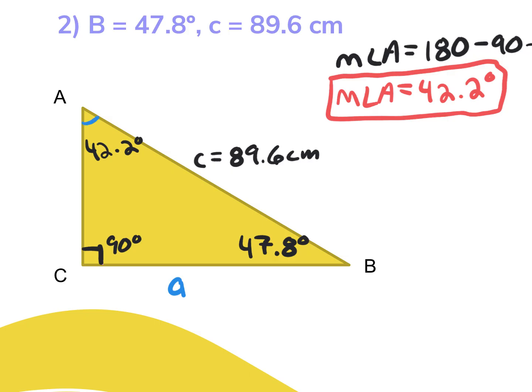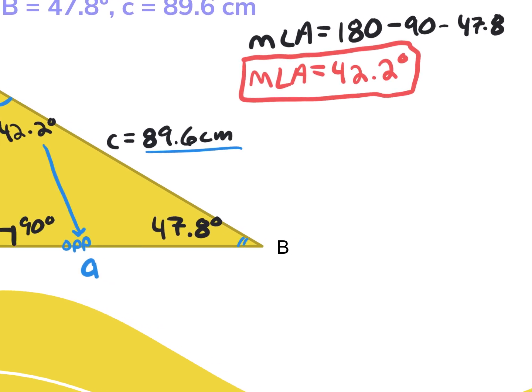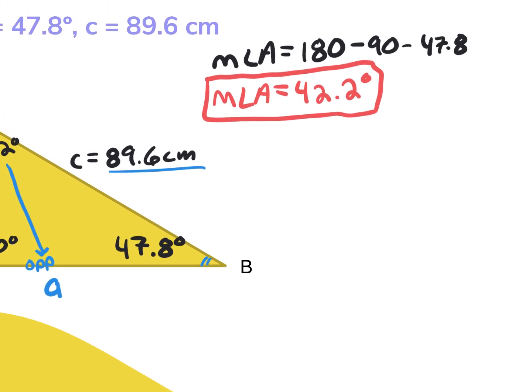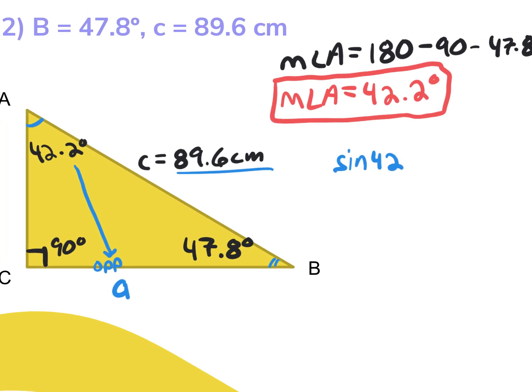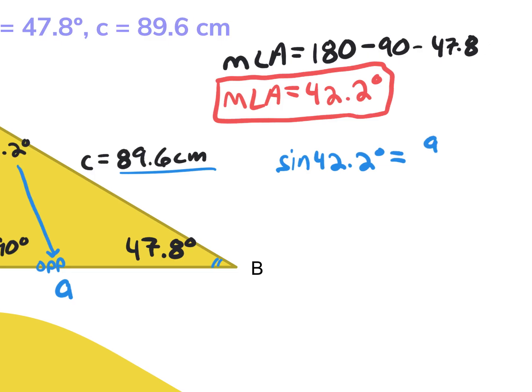You're either going to need to use angle A or angle B. Let's say we use angle A. How can we label side A with respect to angle A? Right, this is an opposite side. So we need an opposite, and we have a hypotenuse. What relates the opposite with the hypotenuse? Sine, right? So I'm going to use sine of 42.2 equals the opposite A over the hypotenuse. And the hypotenuse is 89.6.